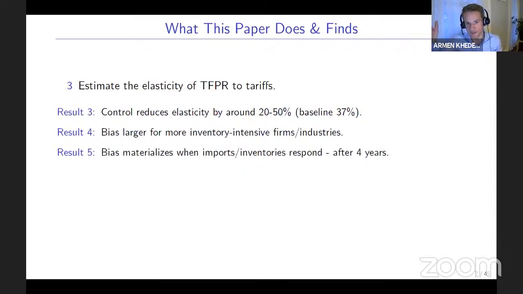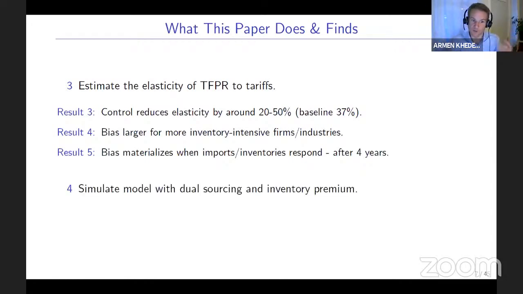Moreover, when we look at the dynamic path of the productivity response to the tariff reductions, we see that it's exactly at the same time that the firm adjusts its trade and inventory levels to the trade liberalization that these productivity biases matter.